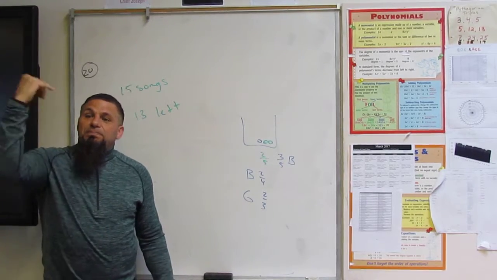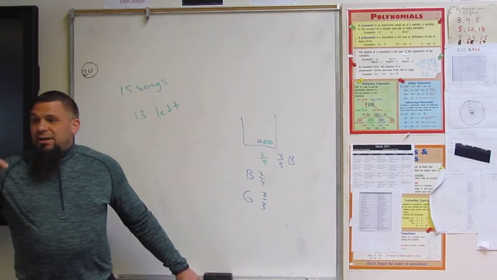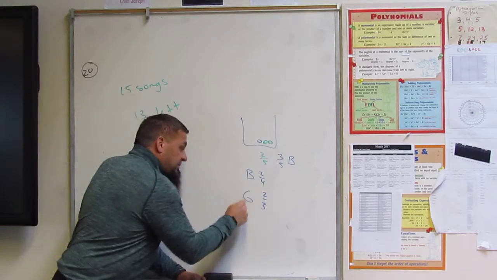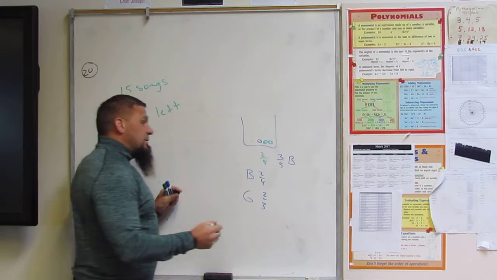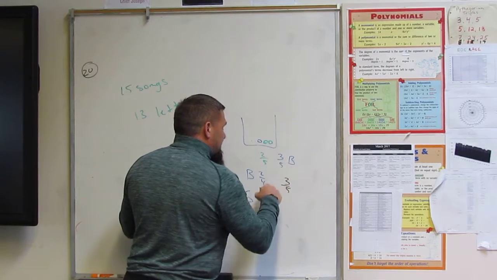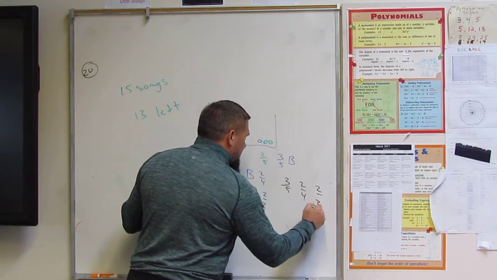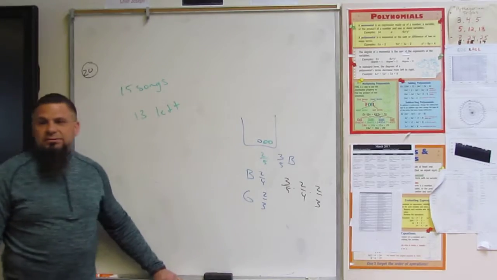Now, once they become dependent, that means you have to do this, then you have to do this, and then you have to do this. Which means 3/5, then 2/4, then 2/3, multiplied.